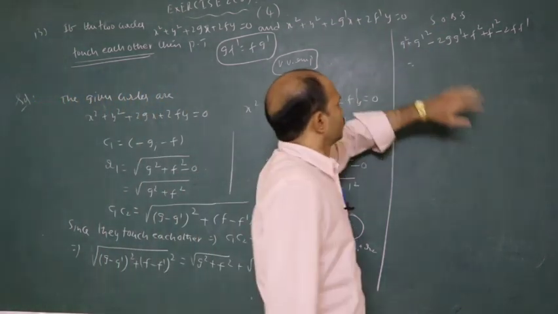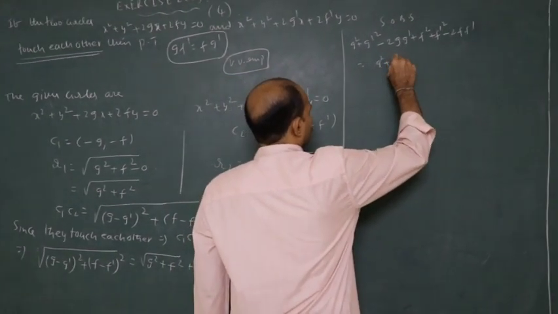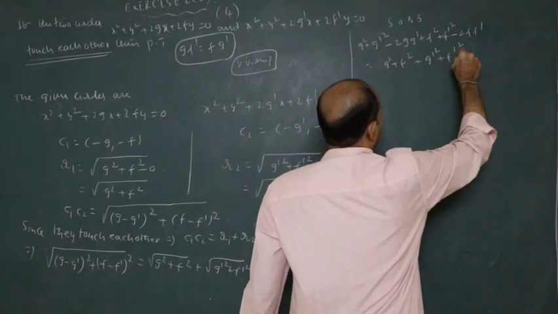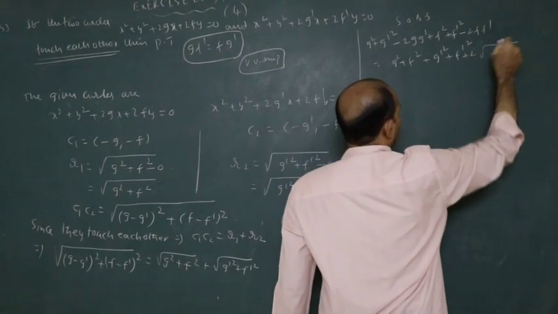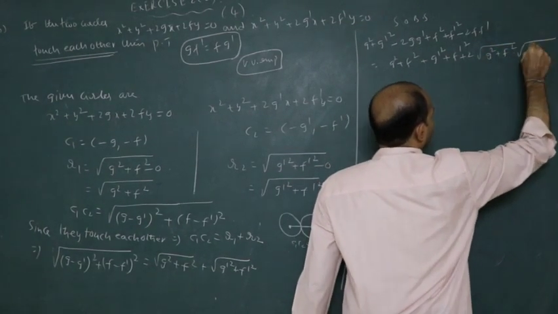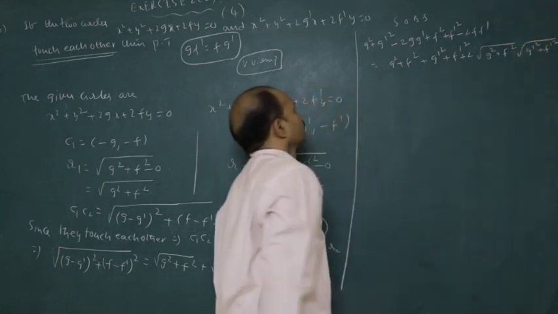Squaring on both sides, left hand side. Coming to the right hand side: g square plus f square, g dash square plus f dash square, plus 2 into root of g square plus f square into root of g dash square plus f dash square.